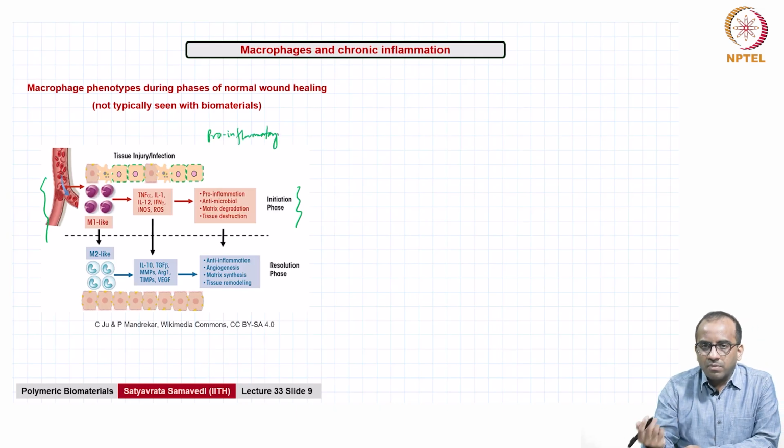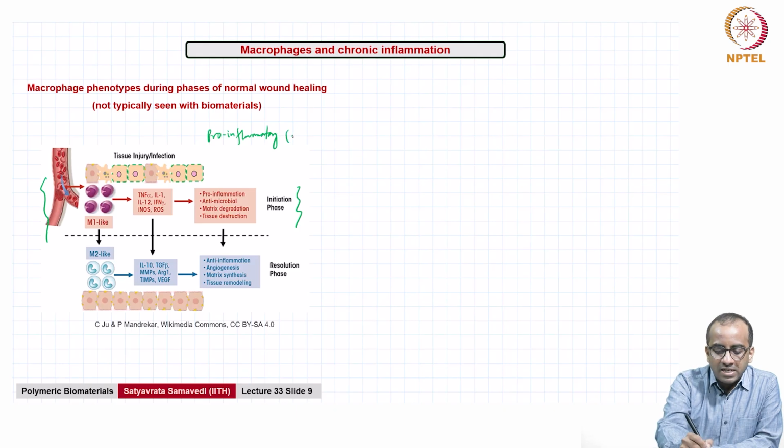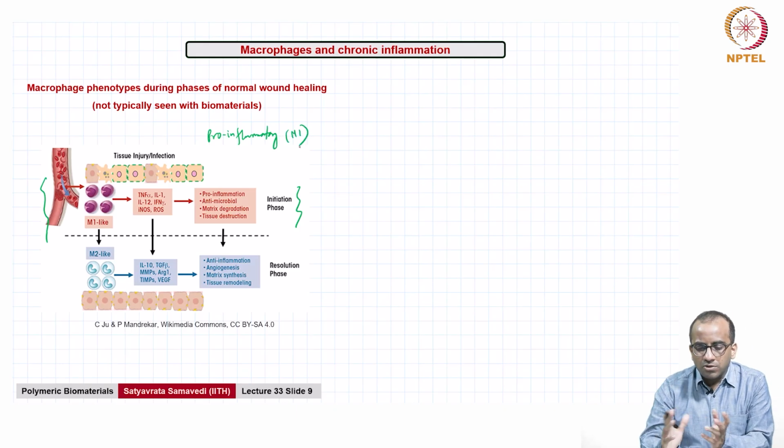Nomenclature-wise, these are typically designated M1 macrophages, although these designations are a bit problematic because in biology it's now quite well documented that macrophage responses constitute a spectrum. It's very difficult to distinguish exactly an M1 versus an M2 response, and even M2, which is a reparative or wound healing response, can have multiple subtypes.